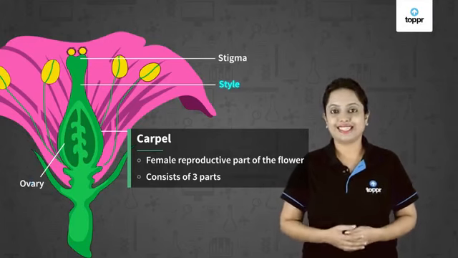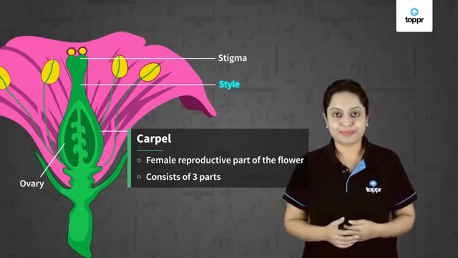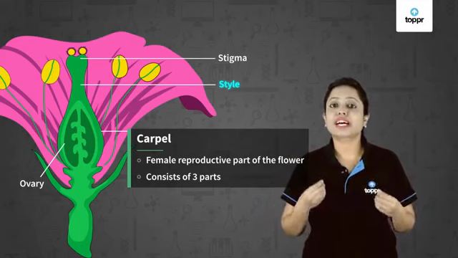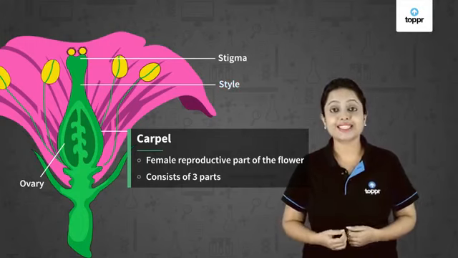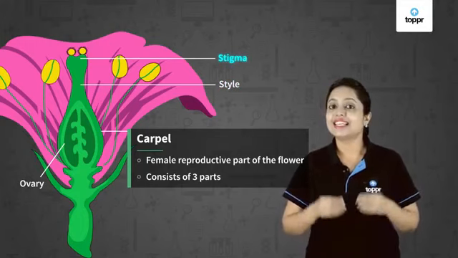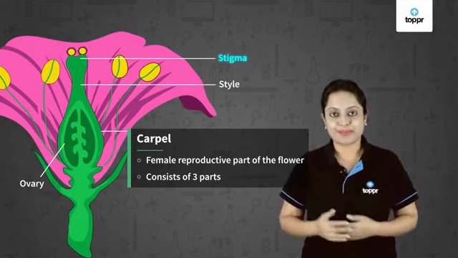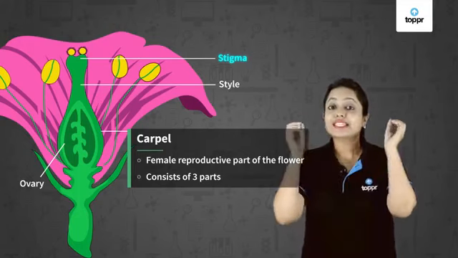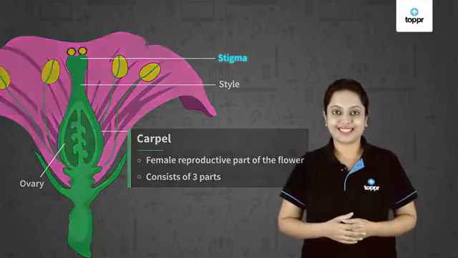Next, style. Style is the elongated middle part in the carpel. It is used to connect ovary with the stigma. And next, stigma. Stigma is the uppermost sticky part of the carpel. It is used to stick pollen grains on it during pollination.